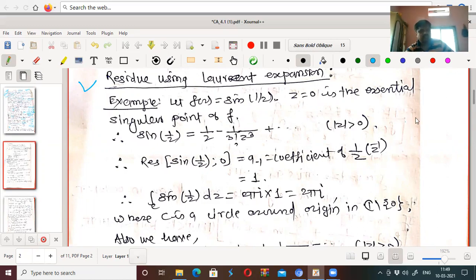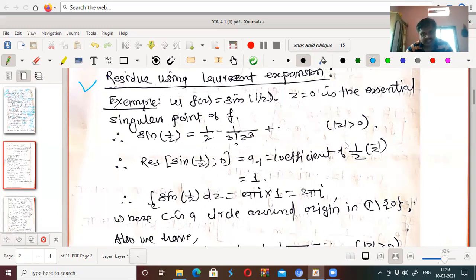We know that in the Laurent series expansion of every function, there are two parts. One is the analytic part, the second is the principal part. If there is no principal part, then that singularity is a removable singularity. If there is a finite principal part and the highest power of 1 upon z minus z0 is m, then we say that the function has a pole of order m at z equal to z0.